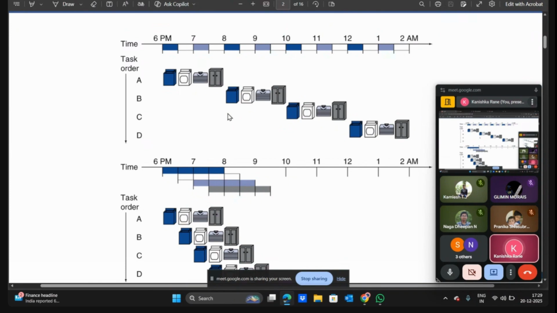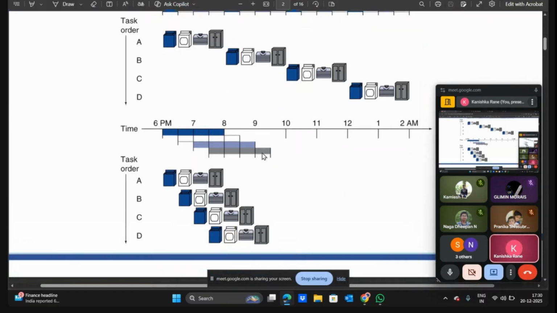Think that only one set of these machines is available. Imagine there are 4 people, A, B, C, D, as given in this example. When A is loading the clothes, all others have to wait, because nothing else is available right now.